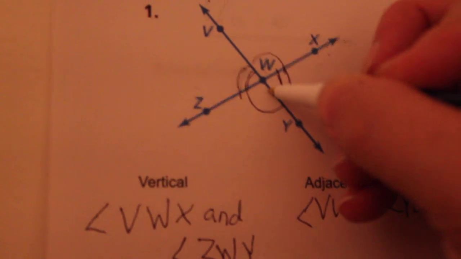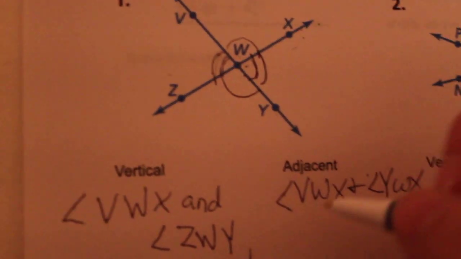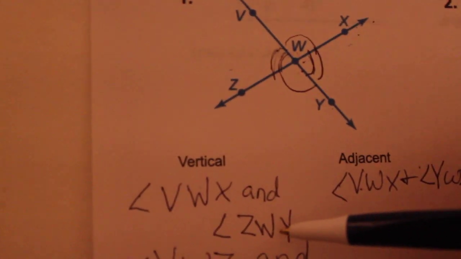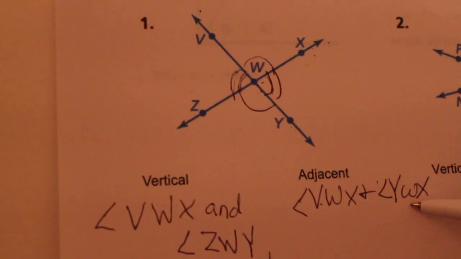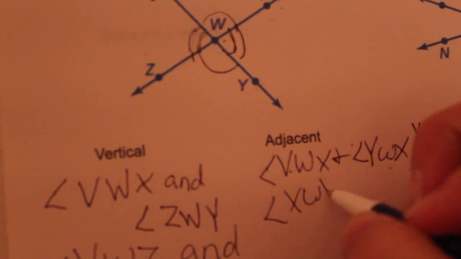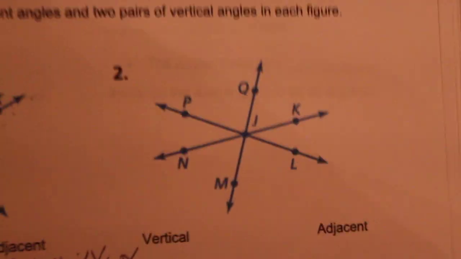Your vertex is always in the middle. It's always in the middle of every single one of these. See how these two, they actually shared a vertex as well. I guess I'll name one other one because there are 4 in here. So angle XWY and ZWY. Those two are adjacent.